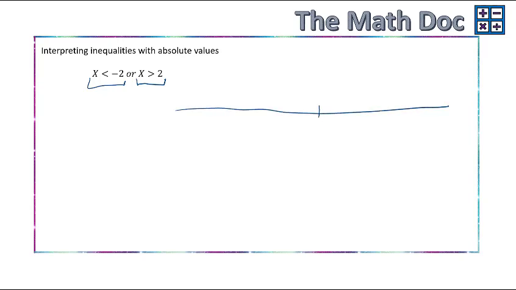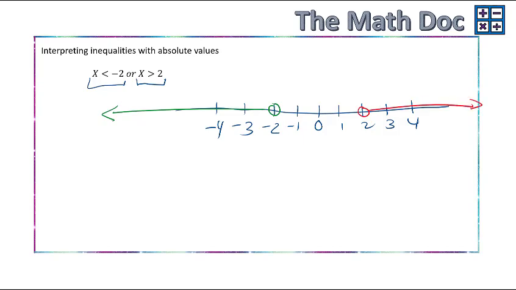Okay, so we have 0 here, 1, 2, 3, 4, and to the left, -1, -2, -3, -4. Okay, so now we have x is less than -2. Again, let's use our green here. X is less than -2 here. And in red, let's do x is larger than +2.